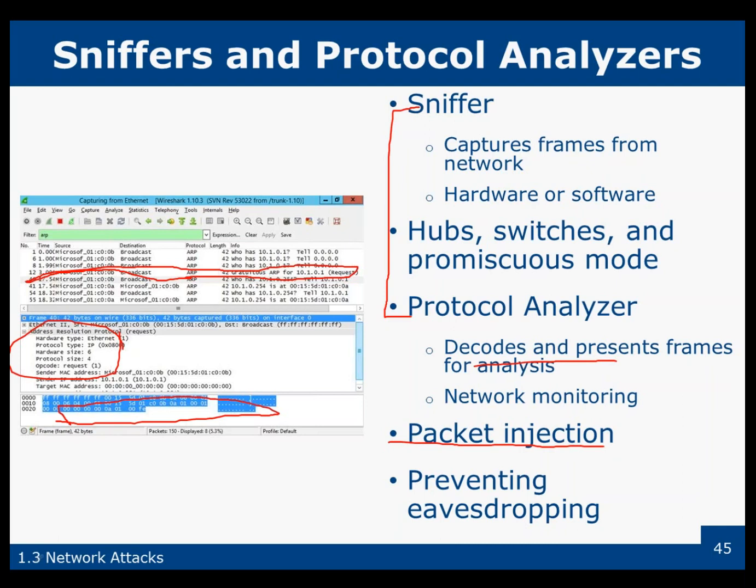Kismet, Linux, tcpdump is a command line tool. It says it captures for Unix and Linux. It is also ported to Windows, so you can use it there too. dsniff and Ettercap are all packet capture software, and when the software does interpretation, we're going to call it a protocol analyzer.